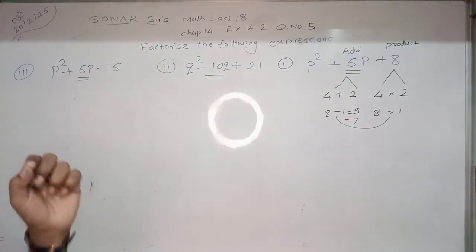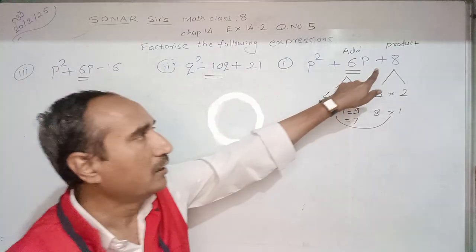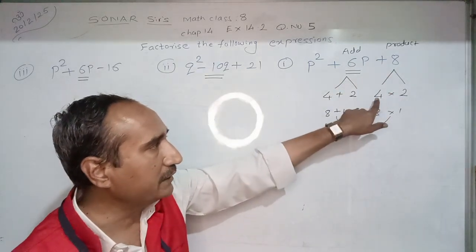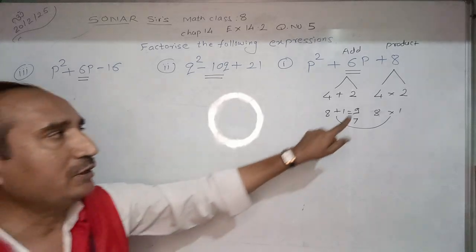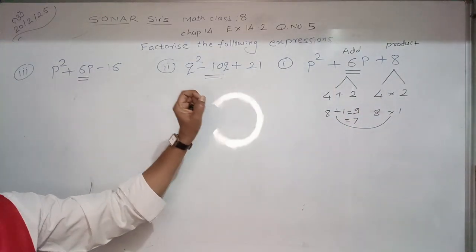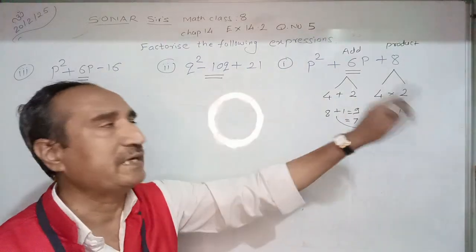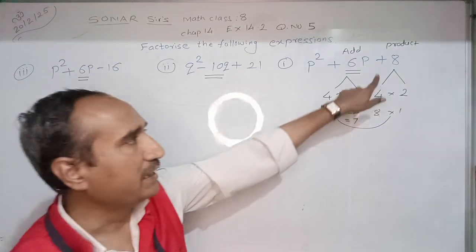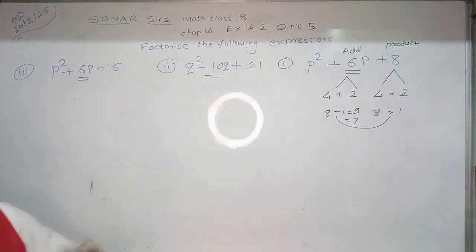This is a very important point. Why can we not take factors other than 4 and 2? We can choose only plus 4 and plus 2. We cannot choose minus 4 plus 2 or plus 4 minus 2 because their product will become minus, and here we want the product as plus.